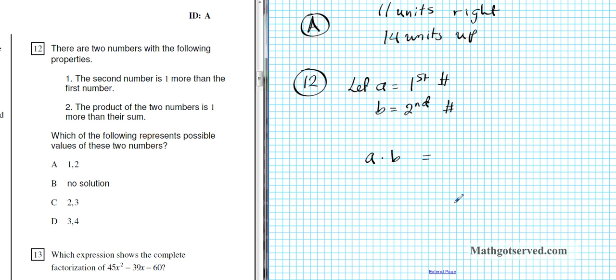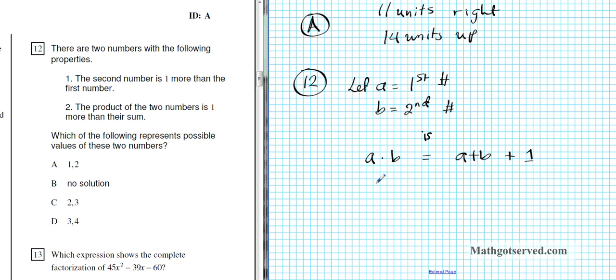We can write it as A times B equals A plus B plus one, since your sum is A plus B. This is the equal component in the algebraic form of the verbal description of property 2. All right, so let's test these alternatives to see which one meets this requirement, since they all meet requirement number 1.